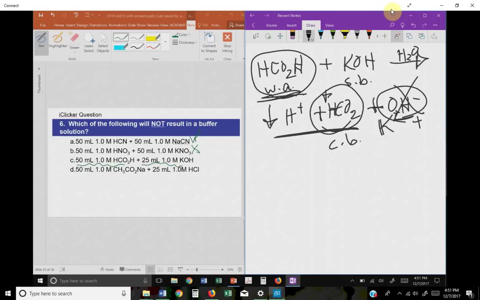And if we know that we've got 1 molar of our weak acid, and it's a weak acid, we're going to have mostly weak acid in solution, and a little bit of the conjugate base that was created by the reaction with our strong base, because the hydroxide is going to react with the hydrogen, and that is going to be water.